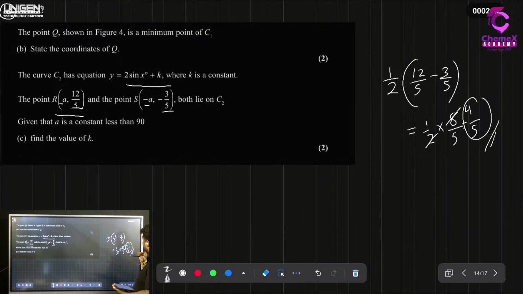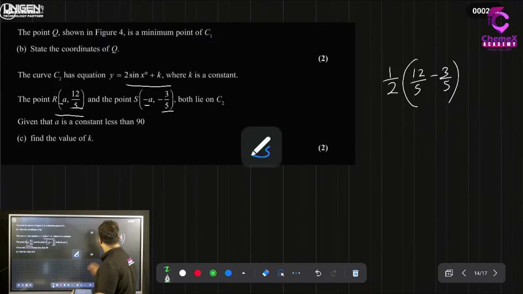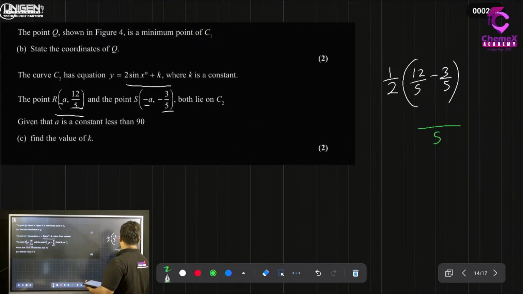Sorry, 12 minus 3 is going to be 9. Sorry, 9 over 10 is the answer because you can't simplify. You understand that or no? Understand, sir. This is 5 and 9 into half, so it's 9 over 10.